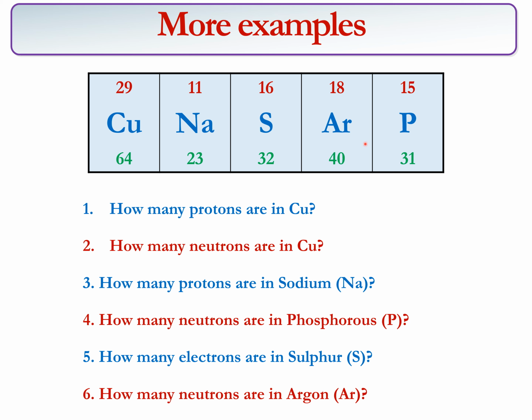So argon has atomic number of 18 and mass number of 40. So to get the number of neutrons using the formula, number of neutrons is equal to mass number minus number of protons. So you simply subtract 18 from 40 and you will get that number of neutrons in argon is equal to 22.